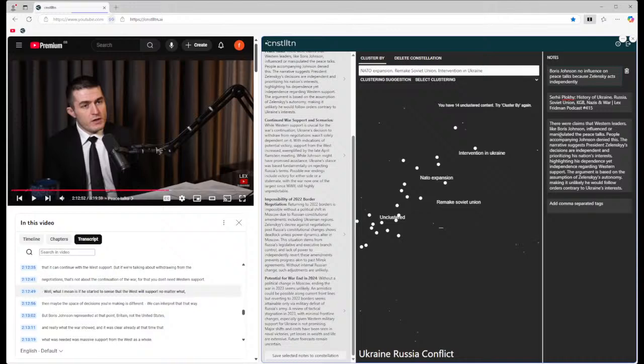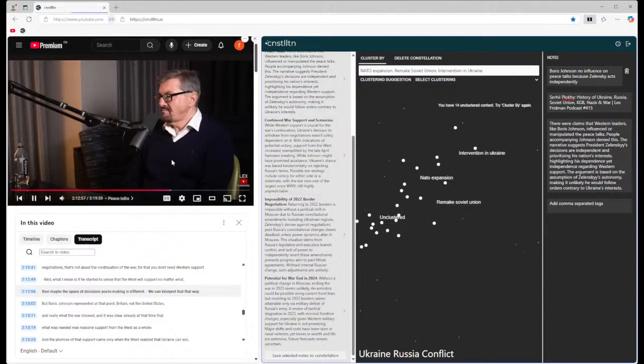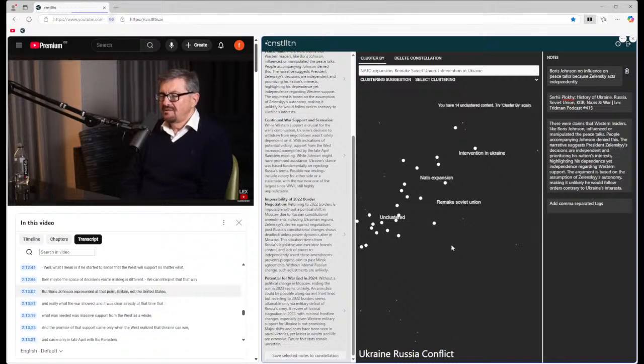This feels very weak. If he started to sense that the West will support no matter what, then maybe the space of decisions you're making is different. We can interpret that way. But Boris Johnson represented, at that point, Britain, not the United States.